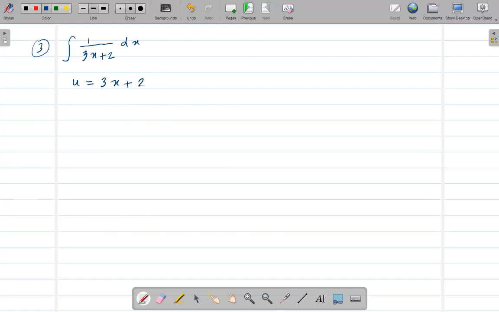All right. So if u is 3x plus 2, then taking the derivative of this, I get just 3, right? A number. If you just get a number, it will be a lot easier to work with. So now du is equal to, multiplying dx on both sides, 3 times dx. Now here I can replace this whole thing by u. So that way I'll get 1/u.